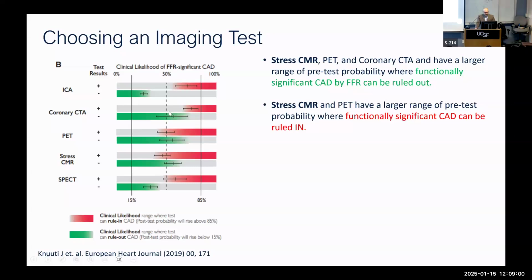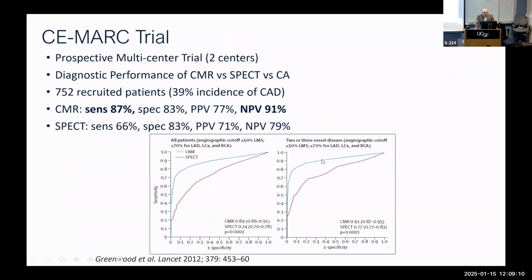And similarly, on the other side, if you look compared to CT, this is one of the strengths of MR and PET, is that they're better at ruling in significant coronary disease. So what's some of the data that's going to underlie some of the guideline changes that just happened recently?